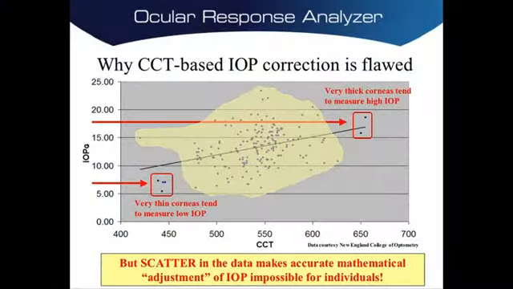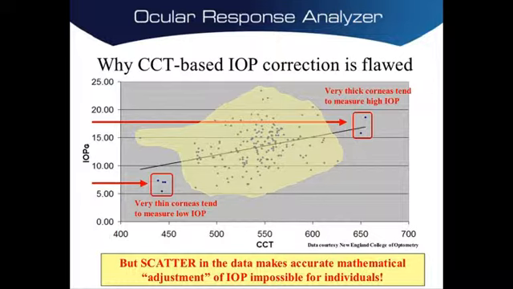The problem is, as we pointed out on the previous slide, due to the scatter in this data, you could adjust the pressure in the wrong direction 40% of the time because the formula only describes this line. And this line only describes the data points in this population that literally fall on this line.